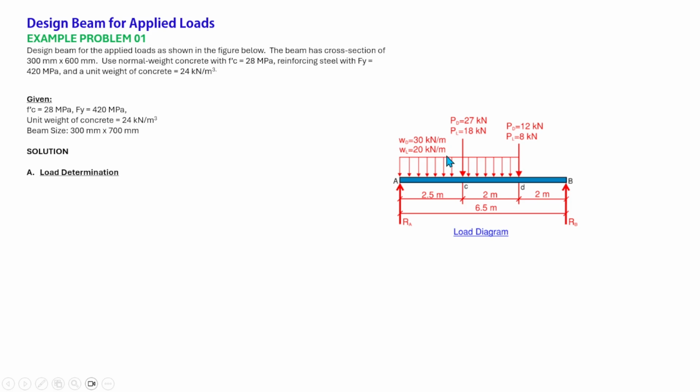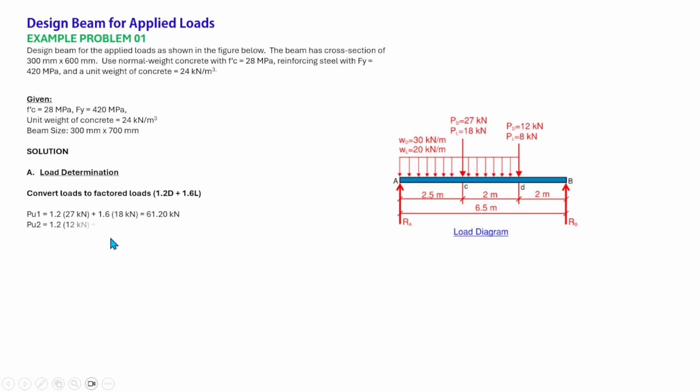We need to convert this loading into factored load so that it is very easy for us to manipulate and draw the shear diagram. So Pu1 is equal to 1.2 times the dead load of 27 kilonewton plus 1.6 times 18 kilonewton, which is equal to 61.2 kilonewton.